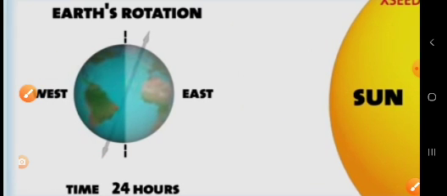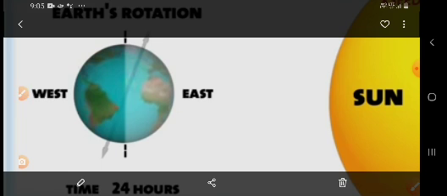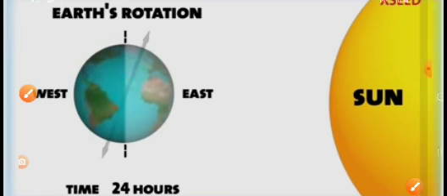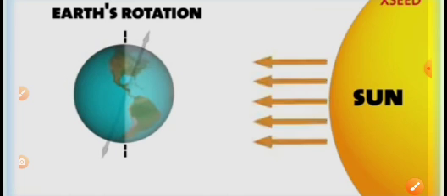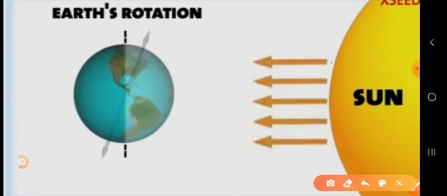Now children, here the rotation is from west to east. So children, this is west, and this is east. The rotation of earth is from west to east. Now here, these are the sun rays. Children, you can see here, these are the sun rays.